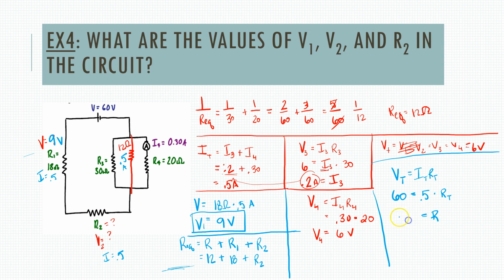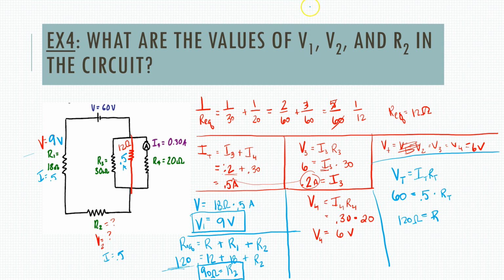So my total is going to be 120 ohms. That goes right here. So once we do 120 minus 12 and 18, we end up with 90 ohms. That one resistor is a huge resistor compared to the others. So our R, where's my cursor? Right here. My R2, that does answer one of our questions, is 90 ohms.